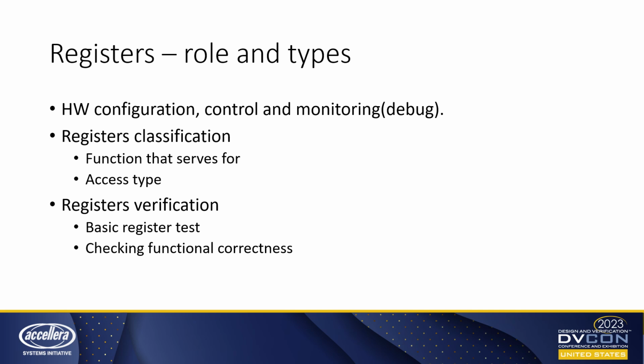For most of the registers, it's spread out across many tests. Those tests focus on higher-level operation, but while doing that, they use different registers. Hence, although it's not their main purpose, they verify registers indirectly.